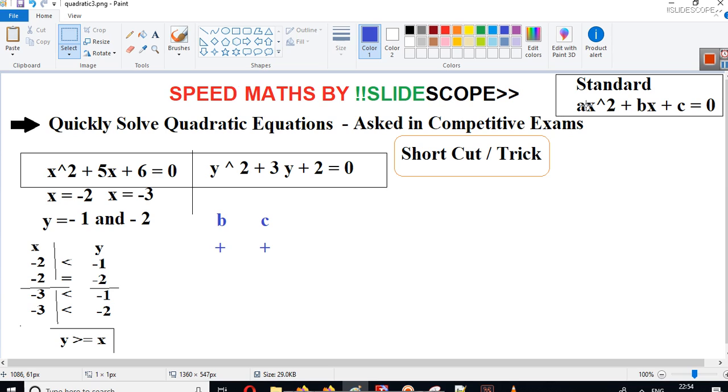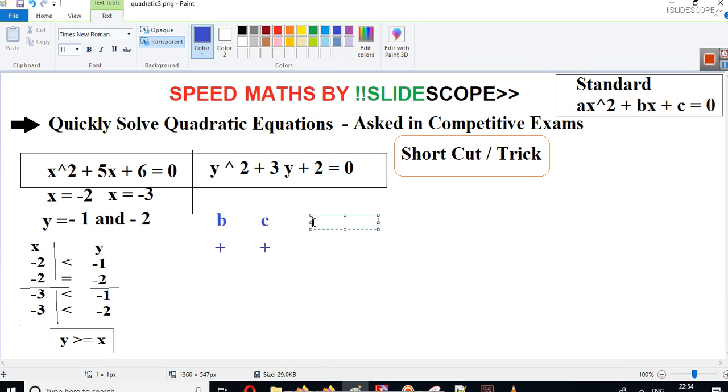So in our standard equation ax square plus bx plus c, if the values of B and C are positive, then the roots of the equation, because again it's a quadratic equation, so there are going to be two roots, and the roots of this equation are always going to be negative. So there will be two roots and both of them will be negative in the case when your B and C are positive.